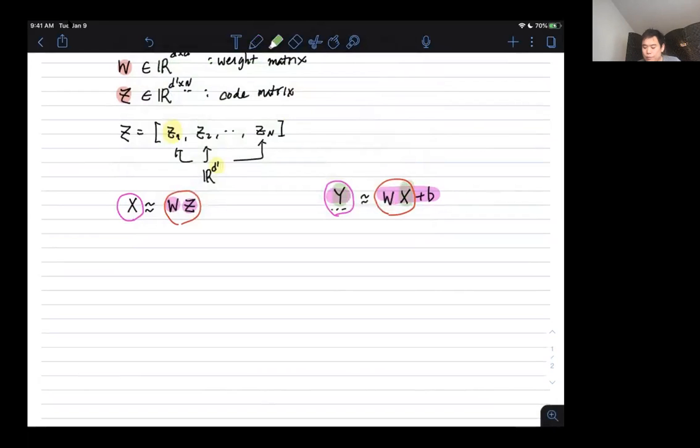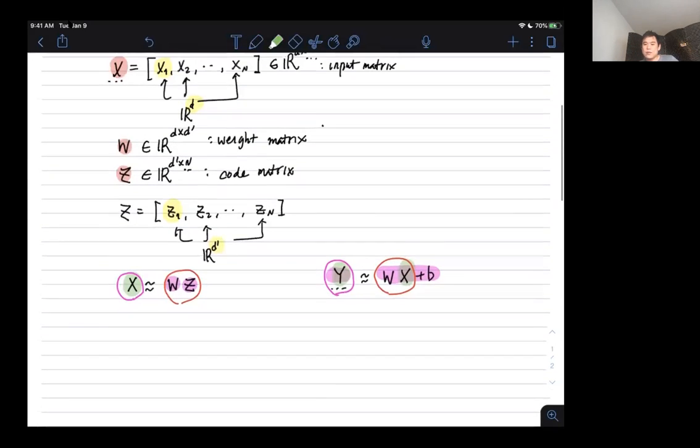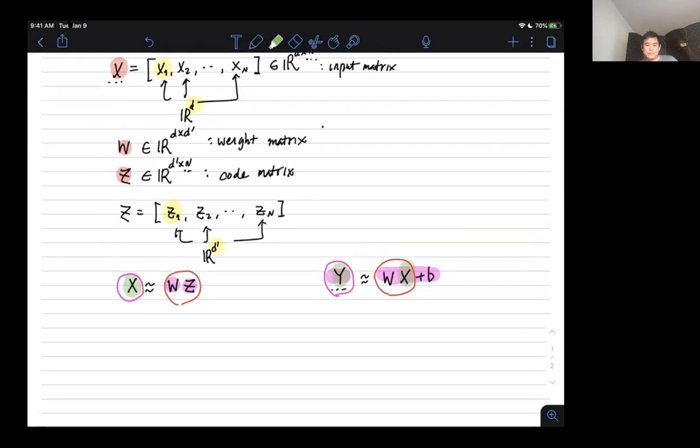With matrix factorization, the only thing we observe is the left-hand side, which means we have to figure out how to assign the roles to the weight and code matrices ourselves, instead of relying on one of them being fixed to some value.